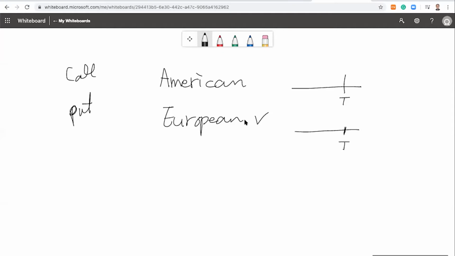That's why this kind of option is called a European option. In contrast, for the American option you can exercise your option on the maturity date, but you can also, if you want, exercise your option at any time before the maturity date. So that's the difference between these two types of options.